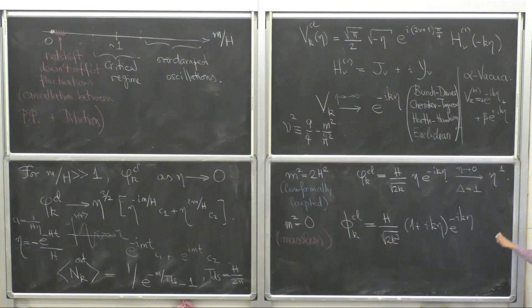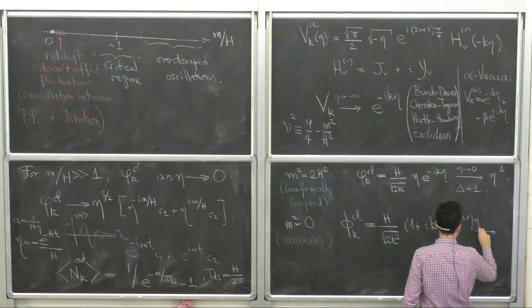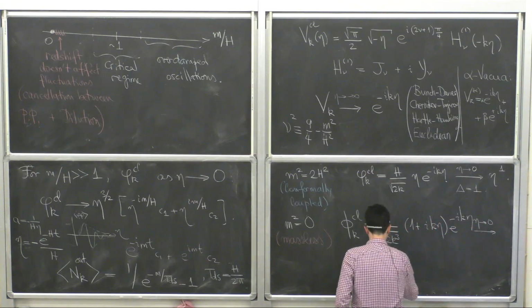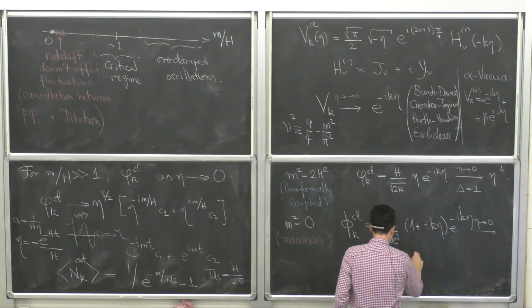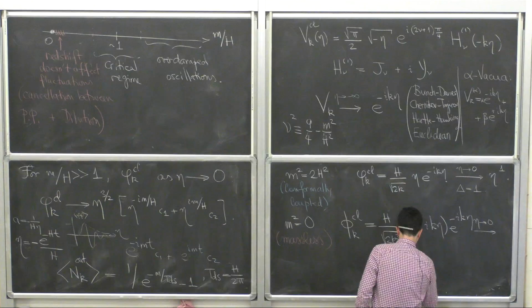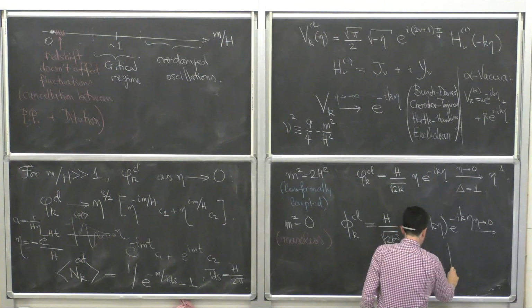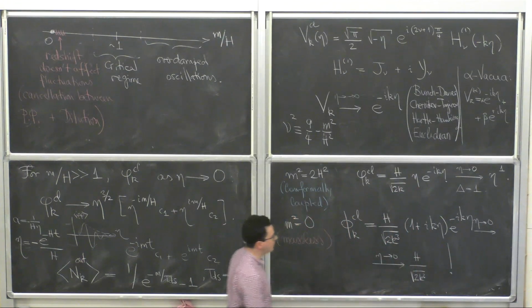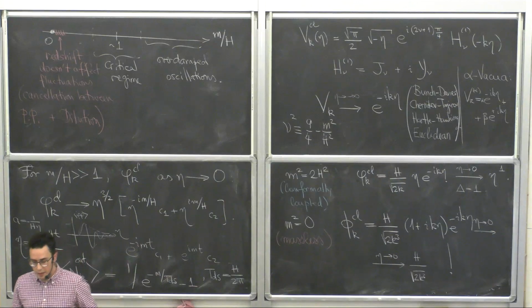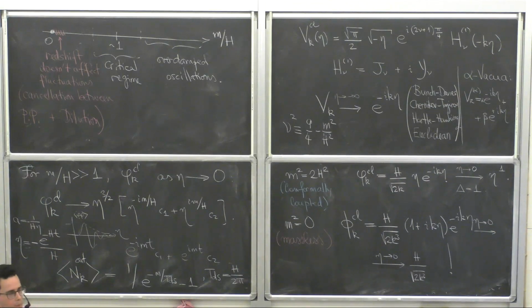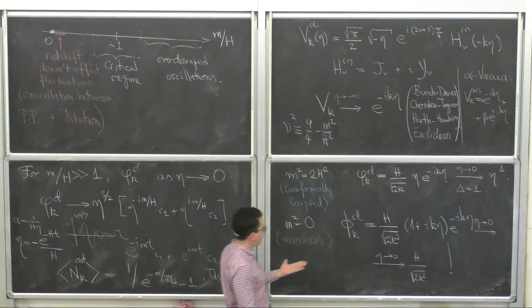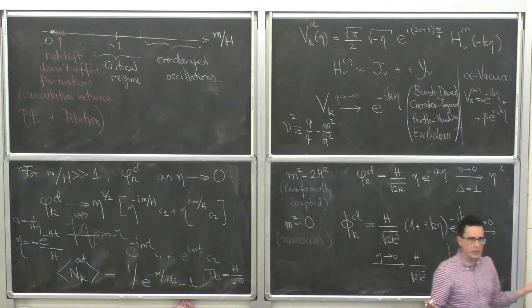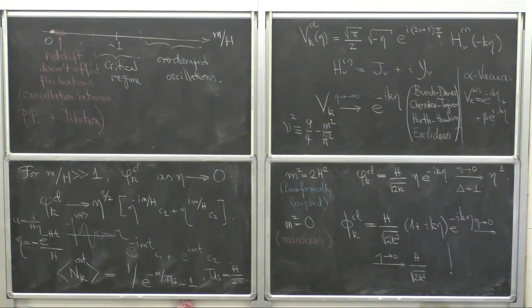Now notice the following: as eta goes to 0, it goes to a constant, H over root 2k cubed. And now we're cooking, okay? So this is remarkable. It's the case in which the universe is trying to redshift away the fluctuation, but the particle production is so violent that some finite amount survives to arbitrarily late times.